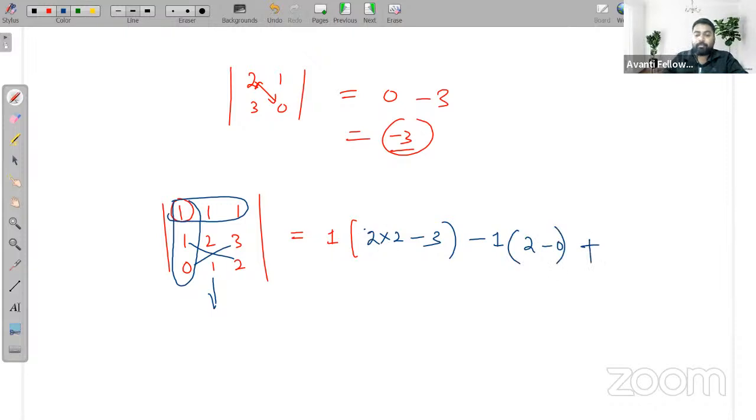Plus, take the third element 1, with the corresponding row the first row and the corresponding column the third column. After neglecting these, you have 1 into 1, 2 into 0, that is 1 minus 0. So what is the answer? 2 into 2 is 4 minus 3, that is 1, minus 2, plus 1. So 1 plus 1 minus 2 is 0. So the value of this determinant is 0.